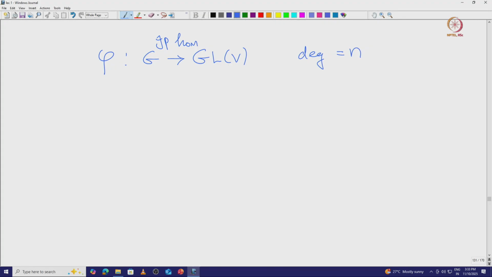So, we can fix a basis, let us say B of V. That is going to immediately give us an isomorphism T from V to C n. By fixing the basis we get this isomorphism, which is indeed a vector space isomorphism.